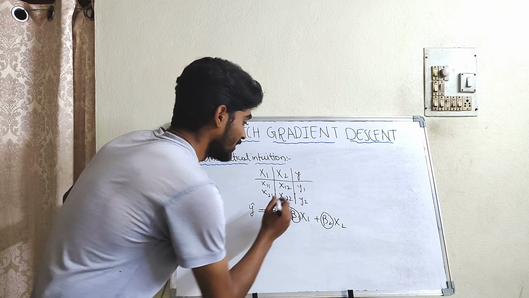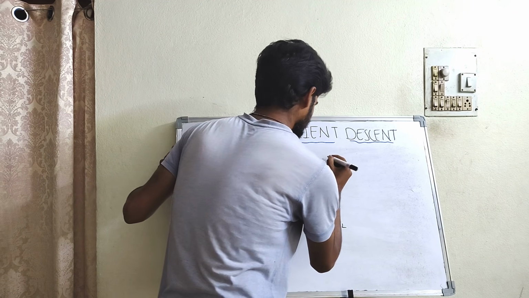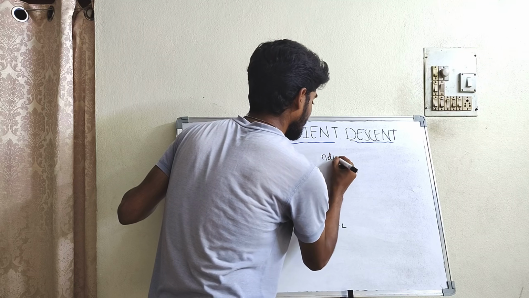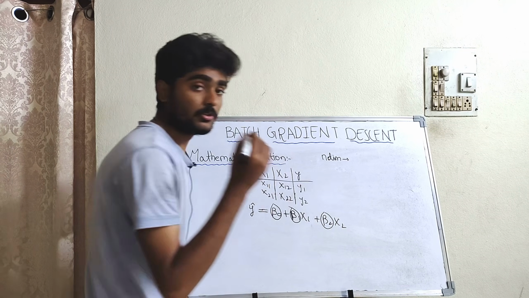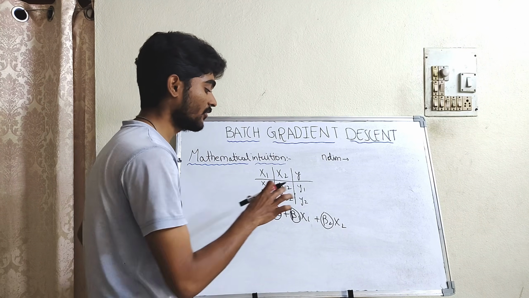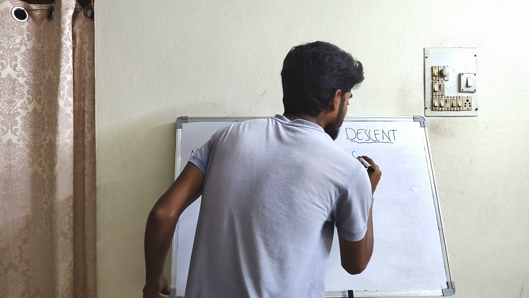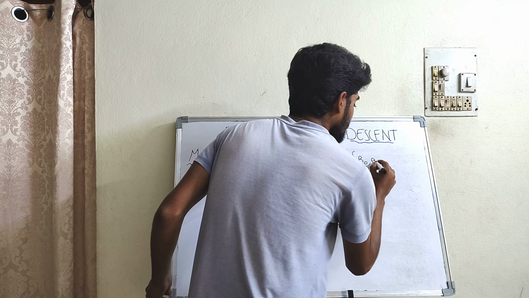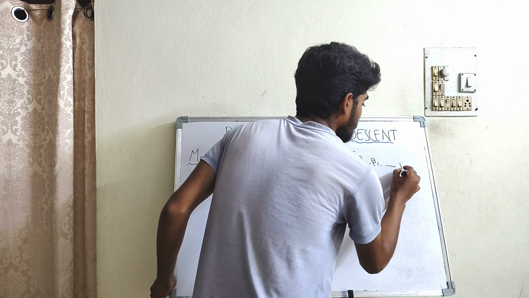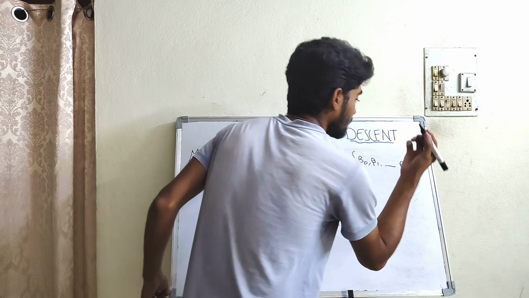Now for n-dimensional data, your weights and bias parameters combined are beta naught, beta 1 and so on up to beta n.